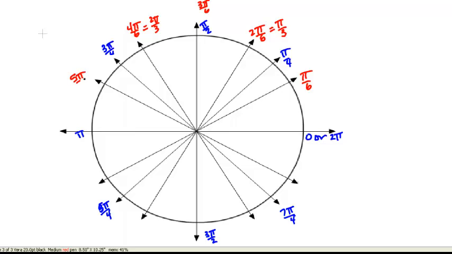5 pi over 6, this is 6 pi over 6, 7 pi over 6, 8 pi over 6, which is 4 pi over 3, 9 pi over 6 would be the angle down below, so 9 pi over 6 and 10 pi over 6, which is really 5 pi over 3, then 11 pi over 6, and then 12 pi over 6, which is the 2 pi.